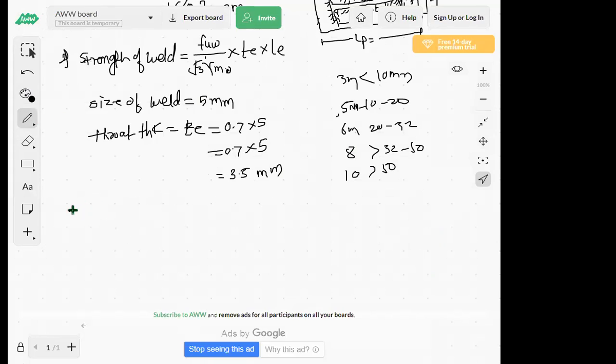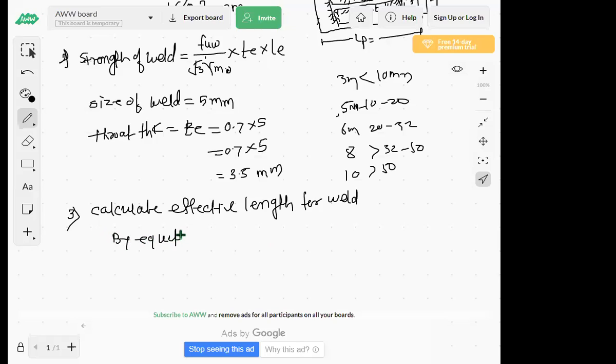Then number 3, we have to calculate effective length for the weld. How to calculate effective length for the weld?